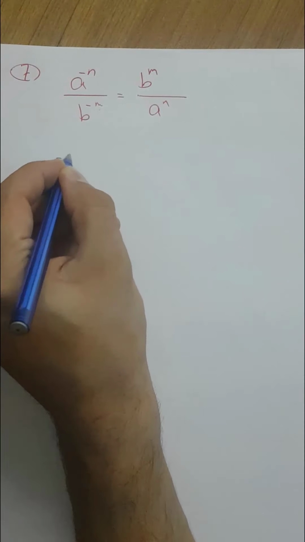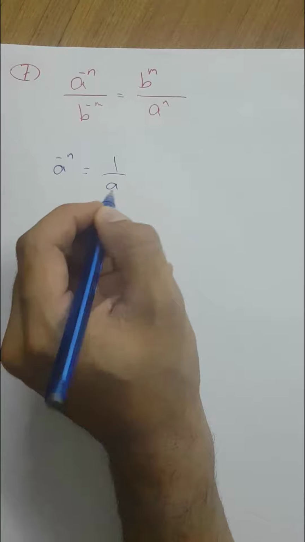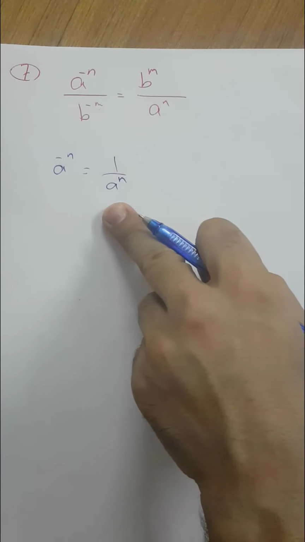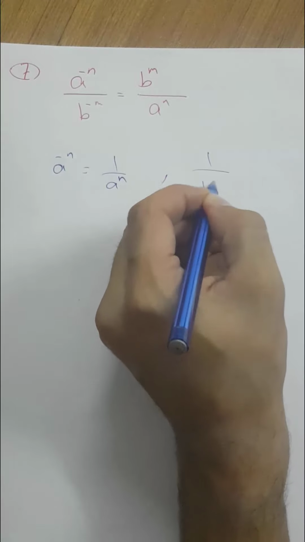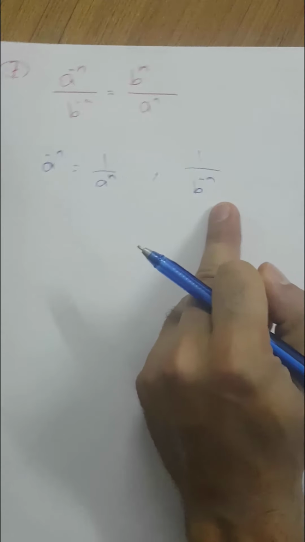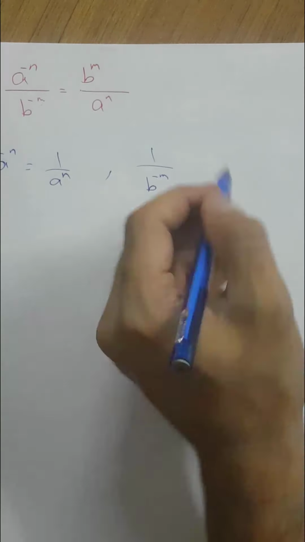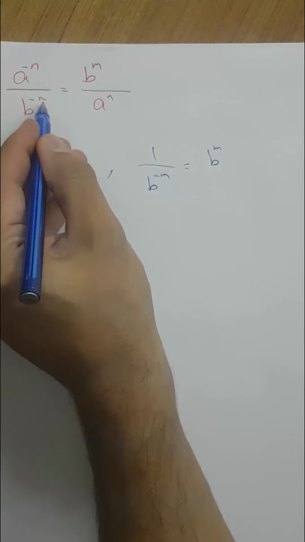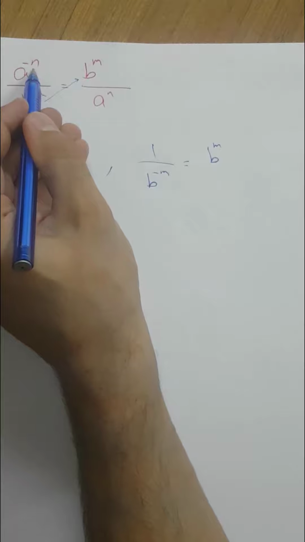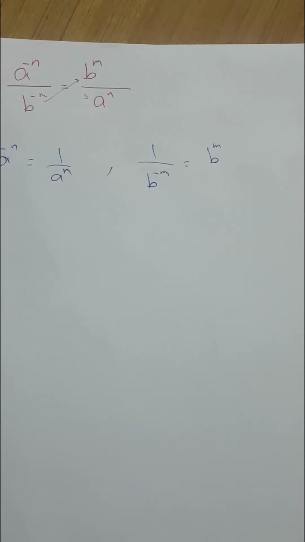If you have a negative exponent in the denominator, you can raise it up to here. That's all. So b to the minus m goes up and becomes b to the m, a to the minus n goes down and becomes a to the n. Okay, dear. So that's all that we have.